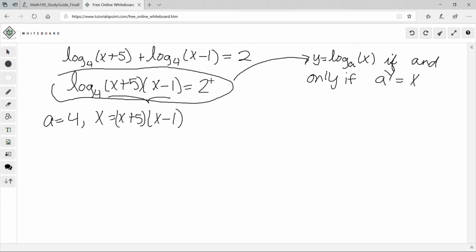And then our y value is always the right side or left side of the equal sign, so our y value is 2. Now we have to put it in this form: a to the y equals x. So a is 4, our y is 2, and our x is this whole thing.